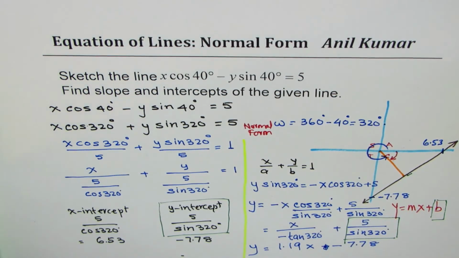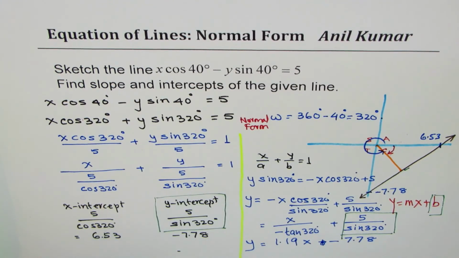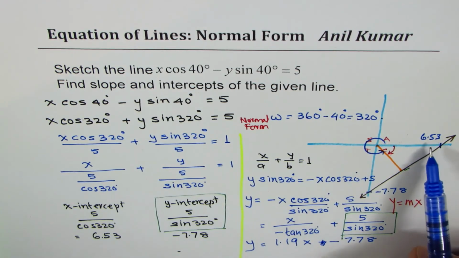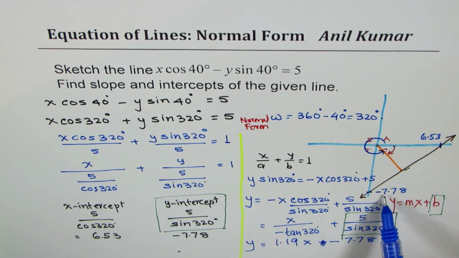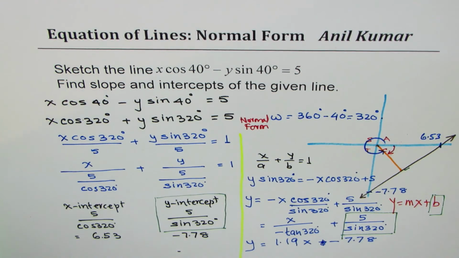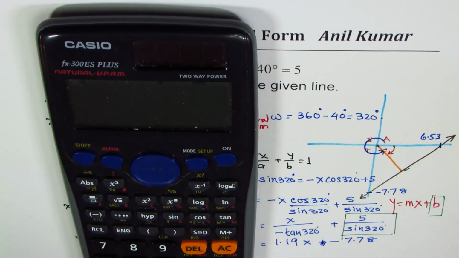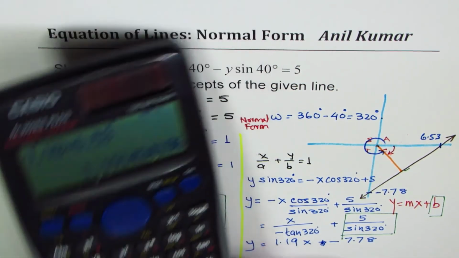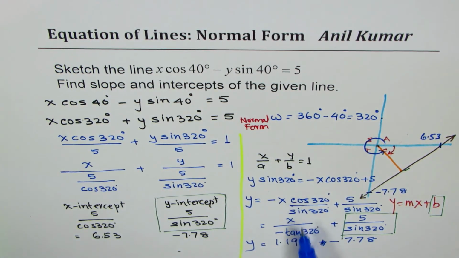So that becomes the equation in slope-intercept form. You could check the result. If I divide 7.78 by 6.53, because this is the rise, which is positive, and that is the run, what do I get? In decimals, we get 1.191. Exactly the same as we got from converting.